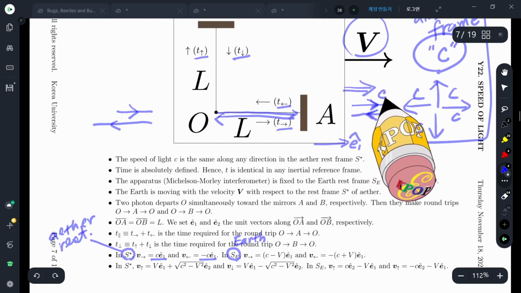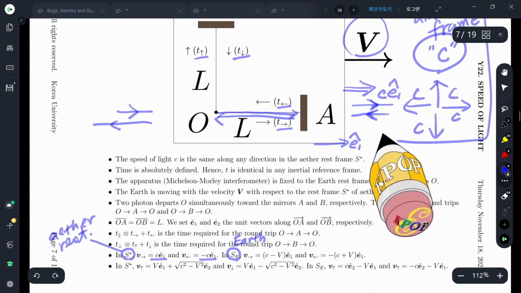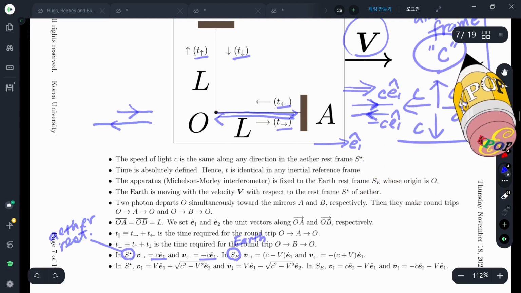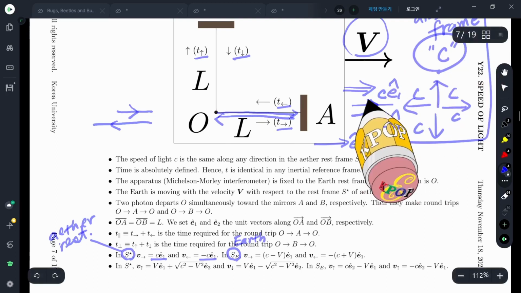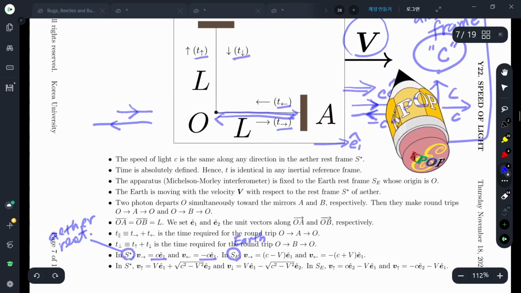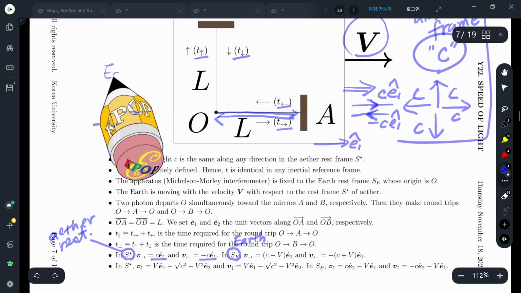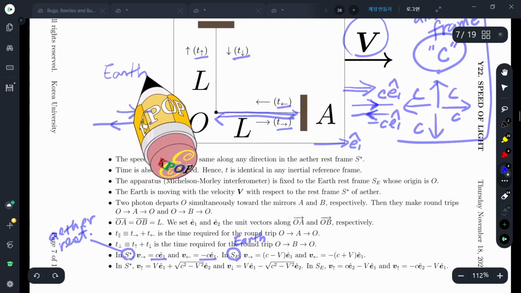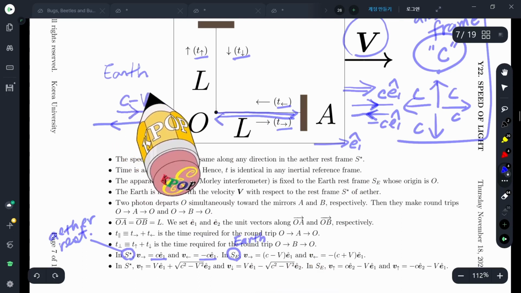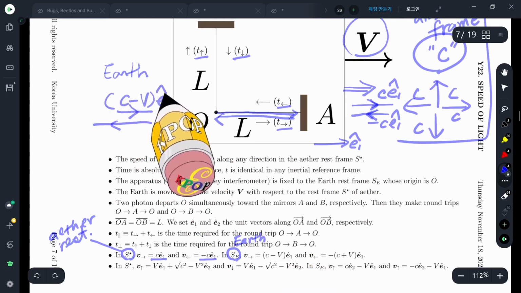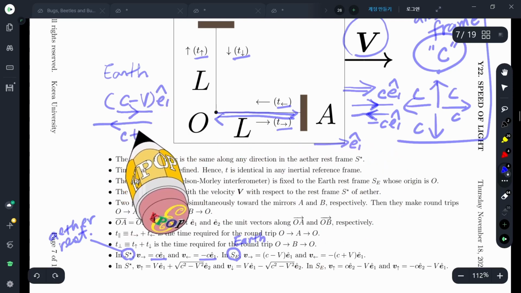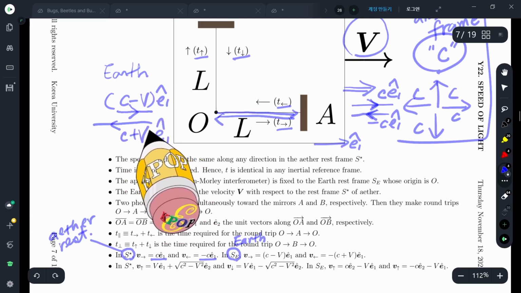It is c e1 hat and minus c e1 hat in the ether rest frame. Because the Earth is moving to the right, the light catches up with the Earth. It should be c minus V in the one direction, and when it returns, it is c plus V, in the e1 hat direction.